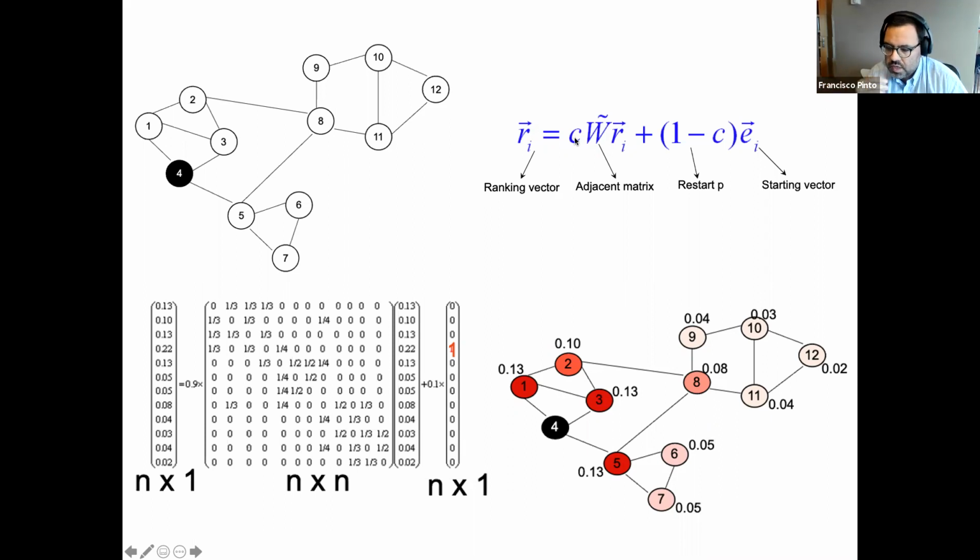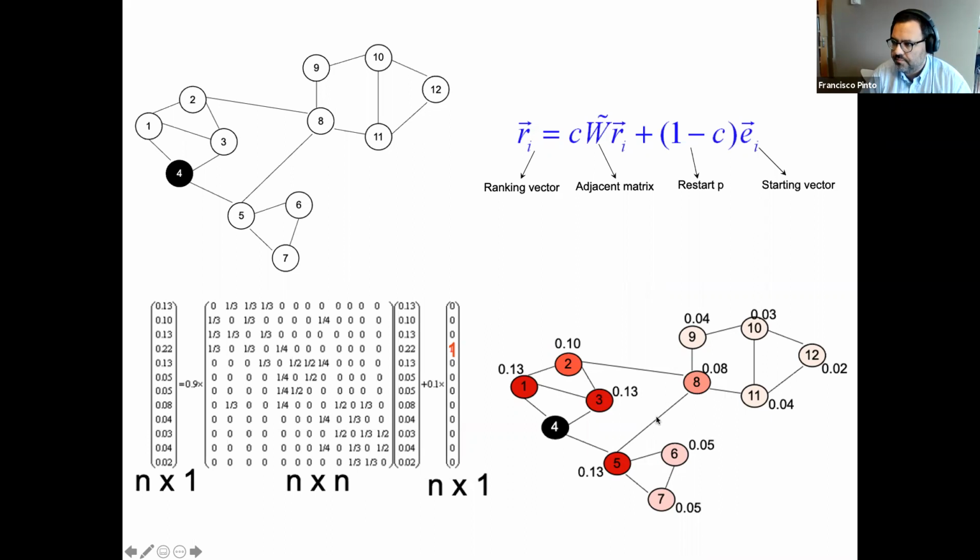So that's my rule of thumb when I apply a random walk with restart. But it is simply a way to compute a kind of distance, or in this case, similarity between nodes in the network.